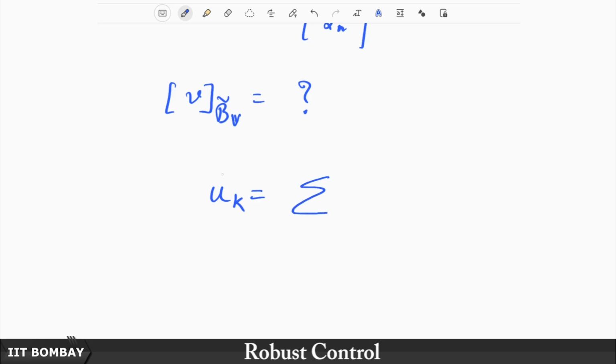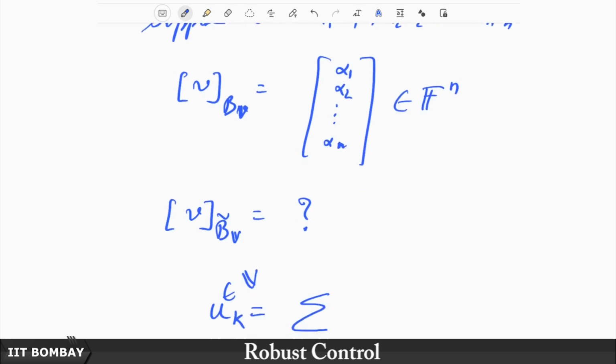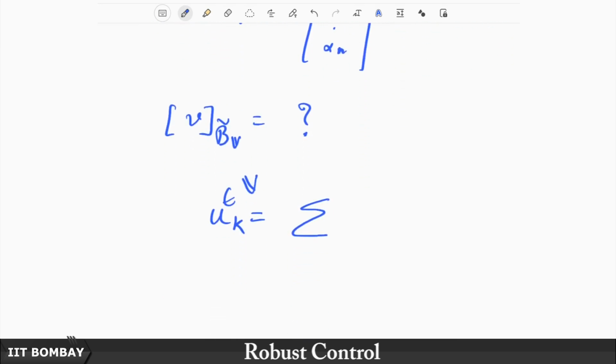Of course, look, after all, this uk also belongs to V and B_V is a basis for V. So, every element in the new basis can therefore be expressed as a linear combination of the members in the old basis, right.